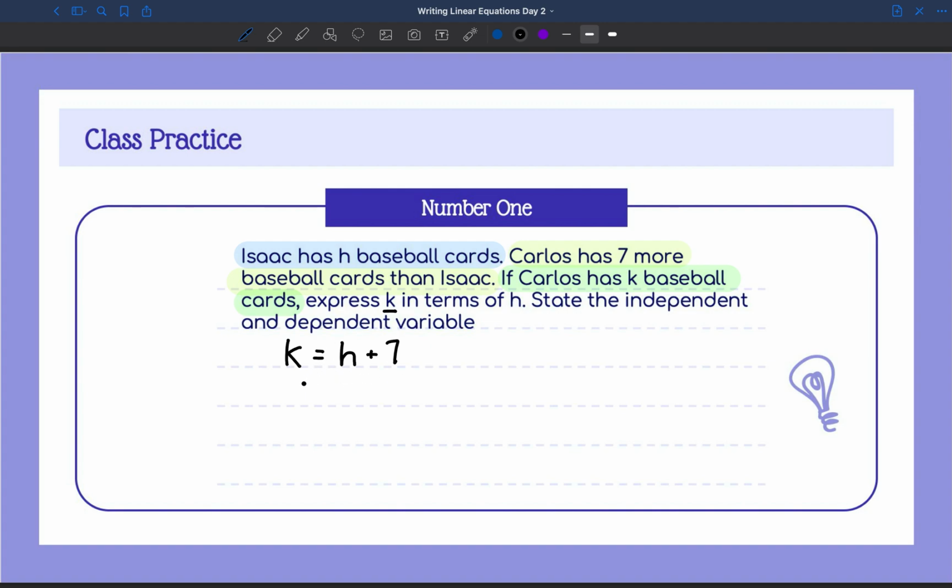So our independent variable is actually going to be H. This is our independent variable. And this one, K, is going to be our dependent variable. Because whatever the value H is, whatever number we put in for H, the dependent variable depends on that value.